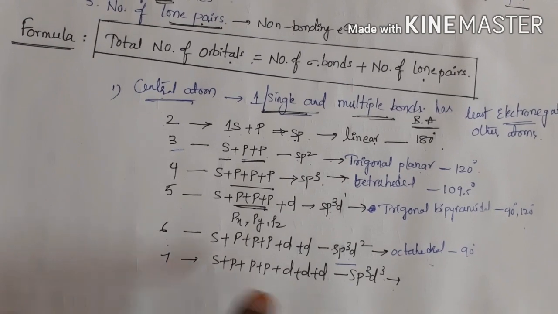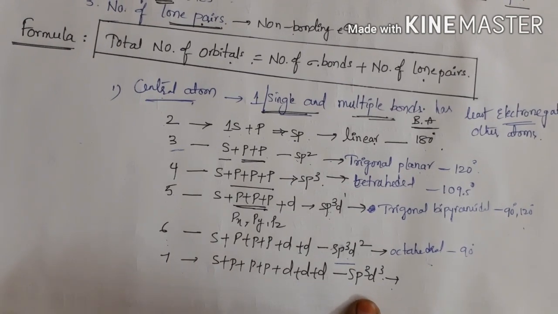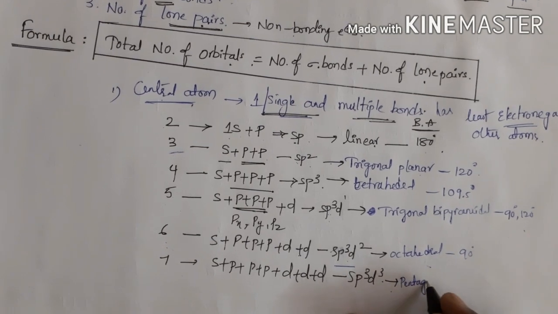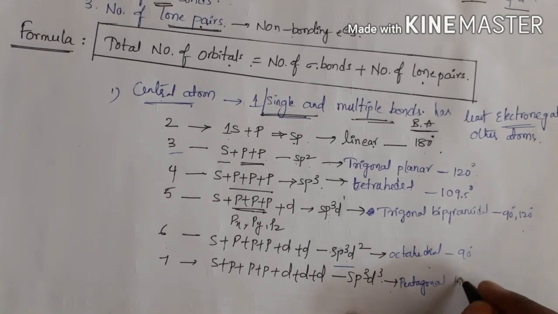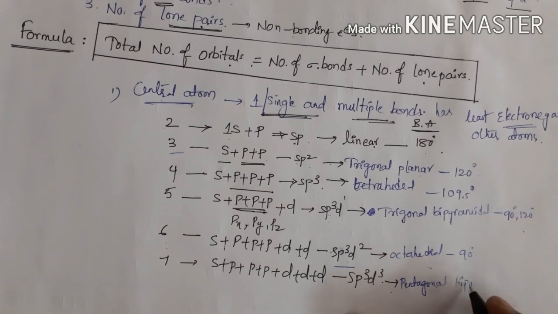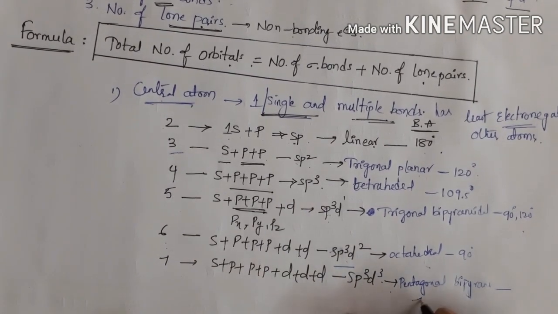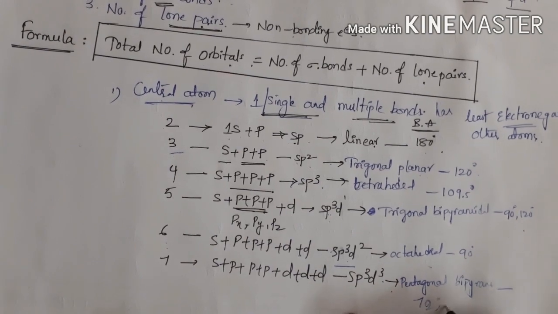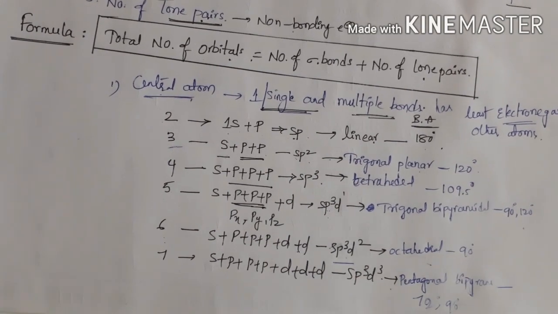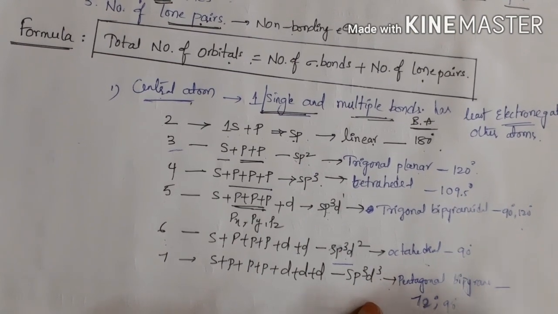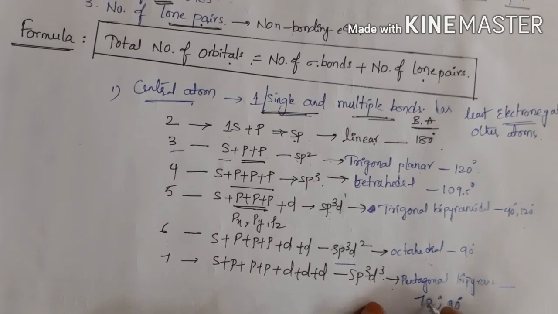If 7 orbitals are involved, it gives sp3d3 hybridization. The geometry is pentagonal bipyramidal, and the bond angles are 72 degrees and 90 degrees. Sorry for the inconvenience, it is 72 degrees and 90 degrees here.